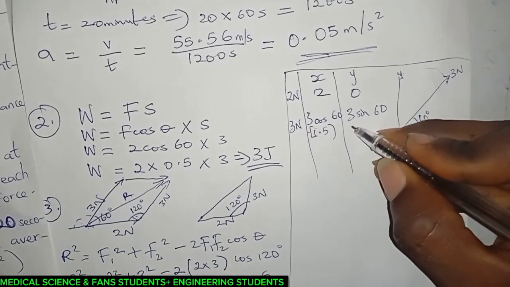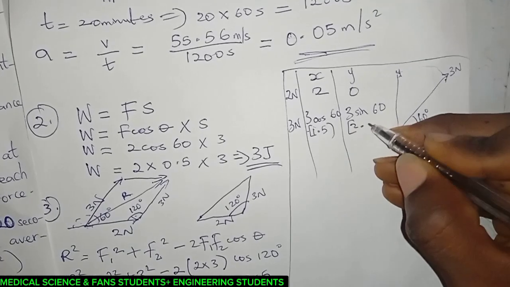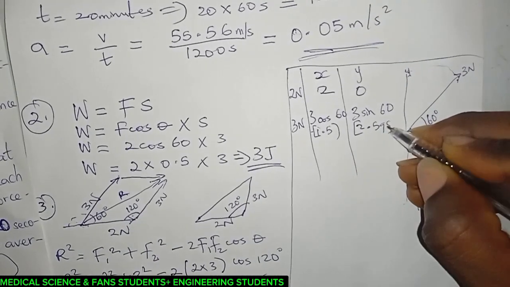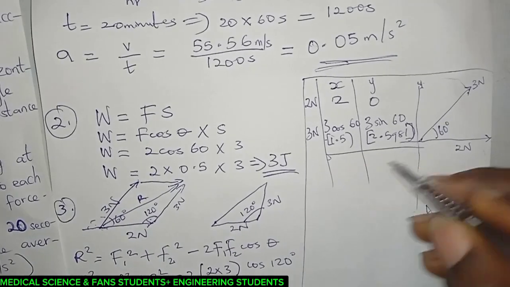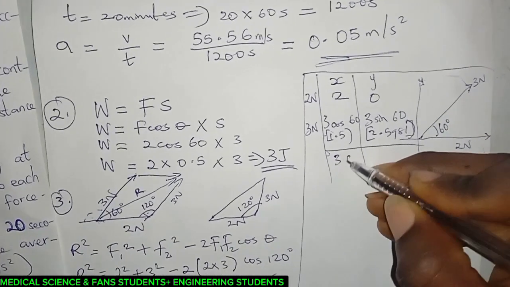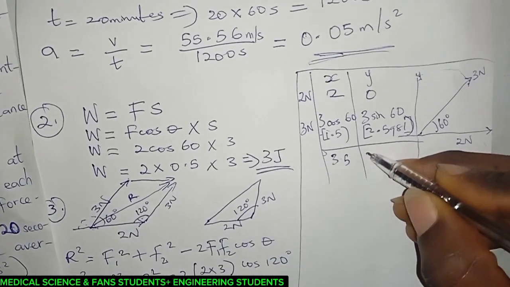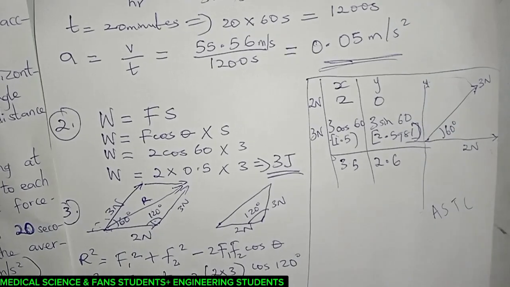3 sine 60 is going to give you 2.5981. So by the time you sum it up, you get 3.5 this side, and then you get 2.6 this side.